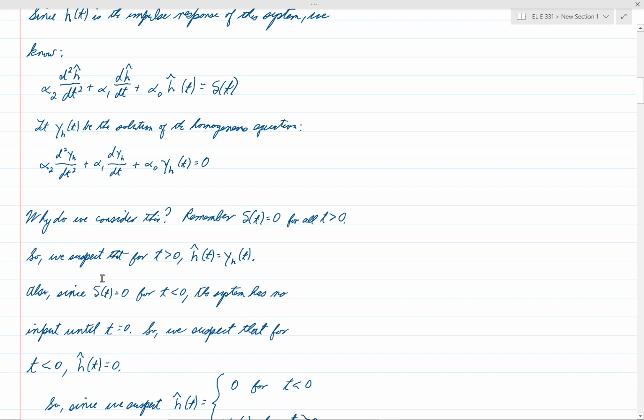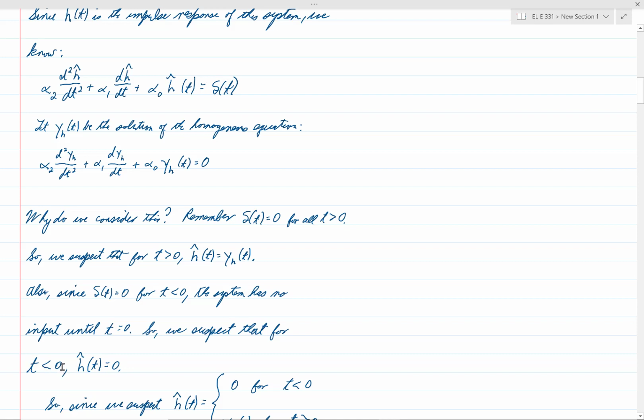And so if the input, which in this case is just plain delta of t, is equal to 0 for all t less than 0, then as long as this is what was called a causal system, we expect this system has no output until t equals 0, because we don't have any input until t equals 0. And therefore, we would expect h hat of t to be 0 for all t less than 0.